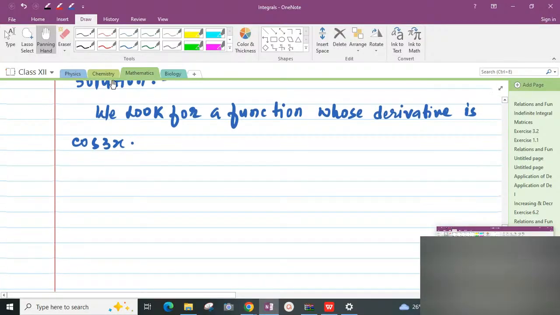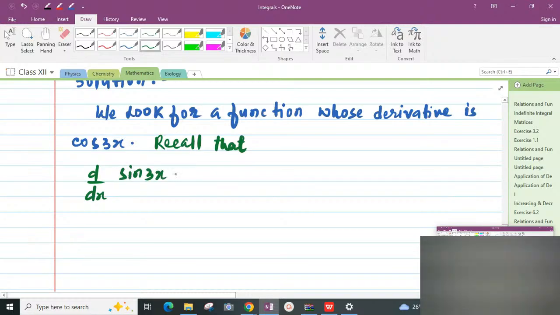So we recall that d/dx of sine 3x equal to 3 into cos 3x.